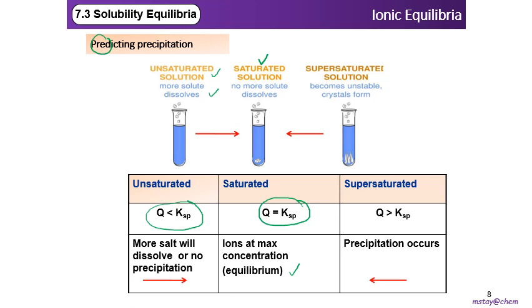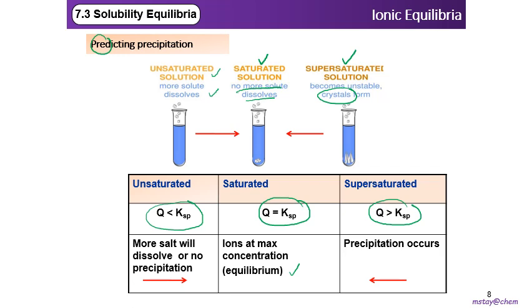If you add more solute into the container, it will become a supersaturated solution because no more solute can be dissolved at this moment. If the Q value is more than K, it means that the condition now is a supersaturated solution. So the condition is it will become unstable and may form crystal.